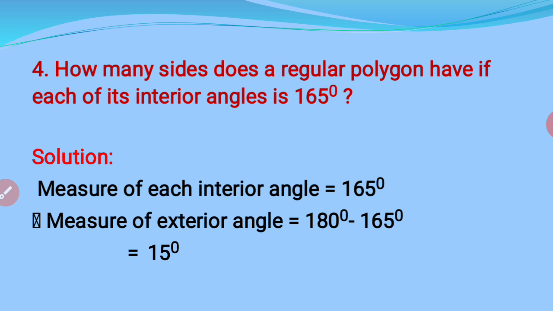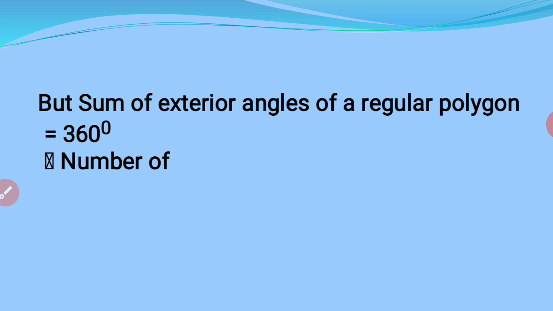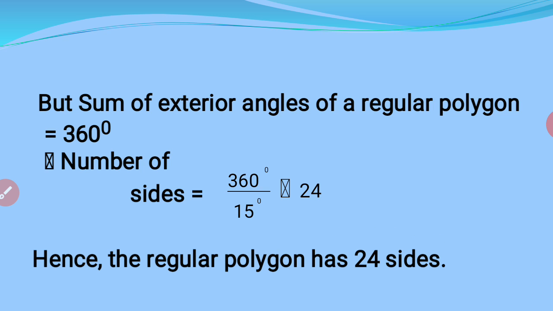Now that we know the measure of each exterior angle, we can find out the number of sides the given regular polygon will have. The formula is number of sides is equal to total 360 degrees divided by measure of each angle, that is 15 degrees. So we get the answer equal to 24. Hence the regular polygon has 24 sides.